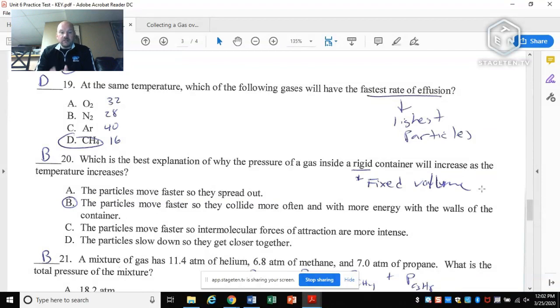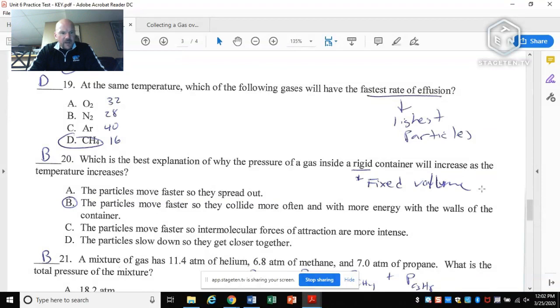If particles move faster, they collide with the container more often and with greater force. And that's what pressure is: the force of the collisions with the side of the container per unit of area. You're going to have more force with more collisions overall as the particles move faster in the same amount of space. And so that's why B would be the right answer there.